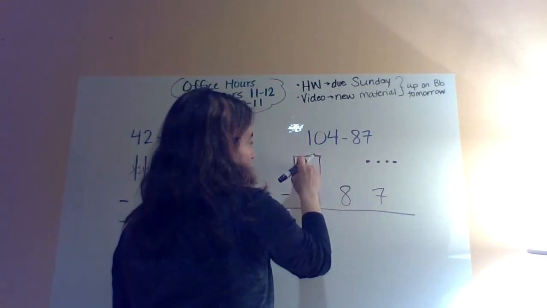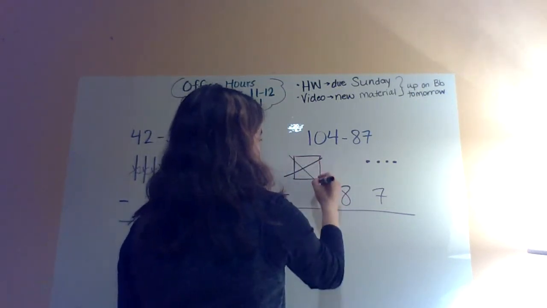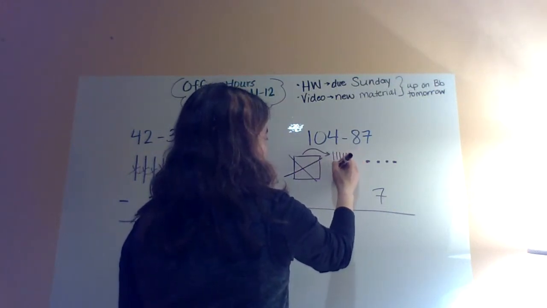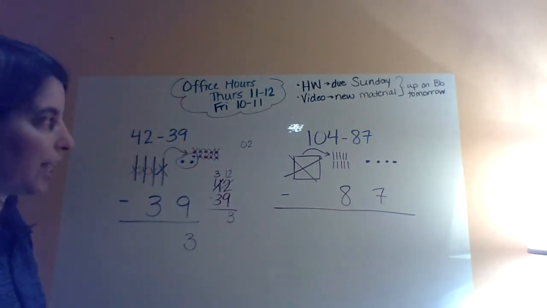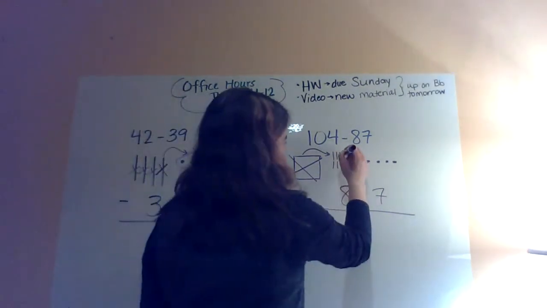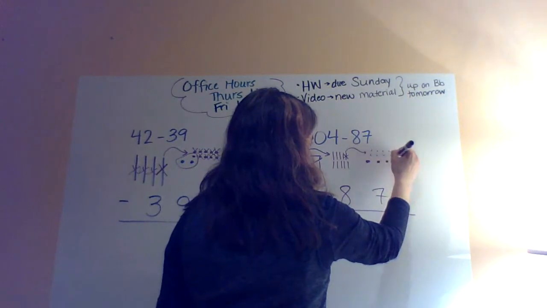So I have to go all the way back over to the flat, to the 100s. And if I cross out this flat, it is going to give me 10 rods, right? 10 tens. 100 gives me 10 tens. And then now I can go ahead and cross out one of these and it becomes my extra 10.